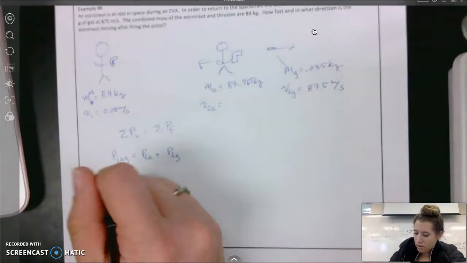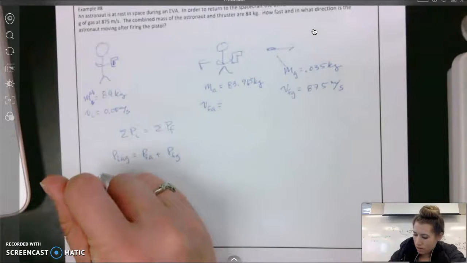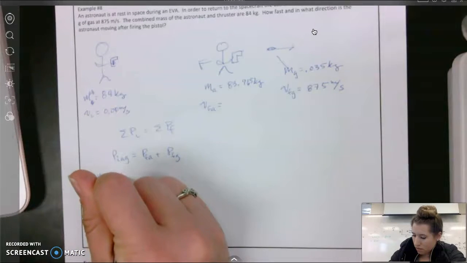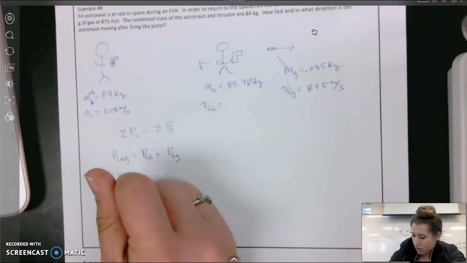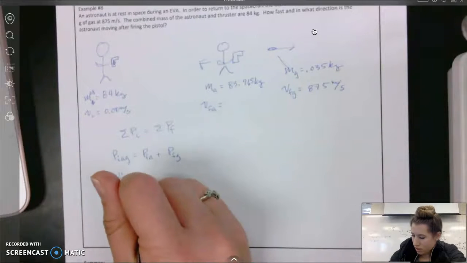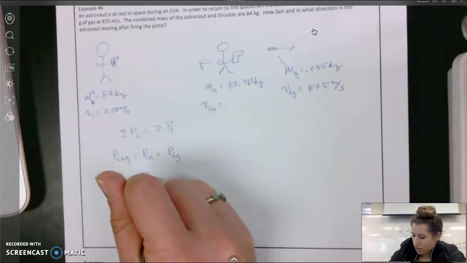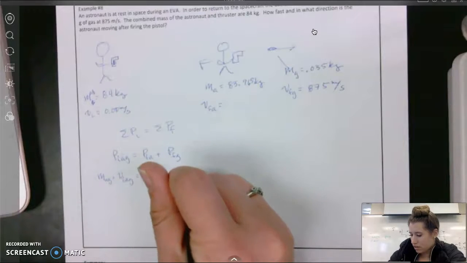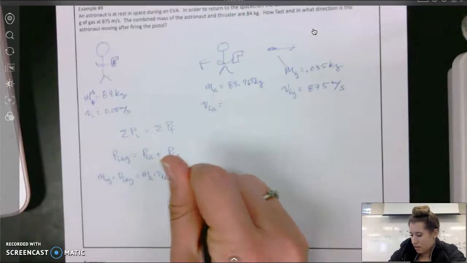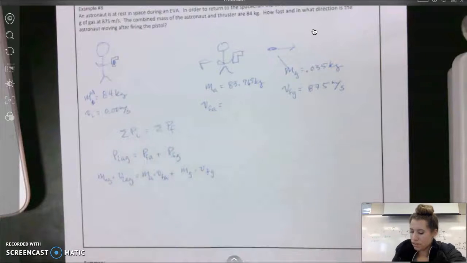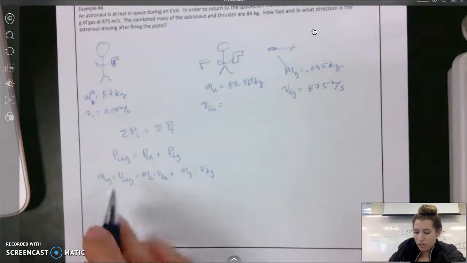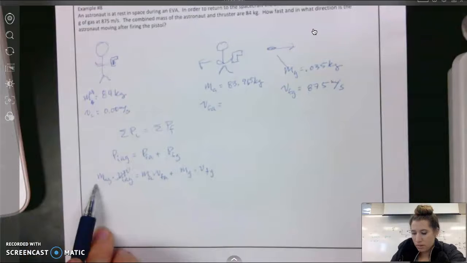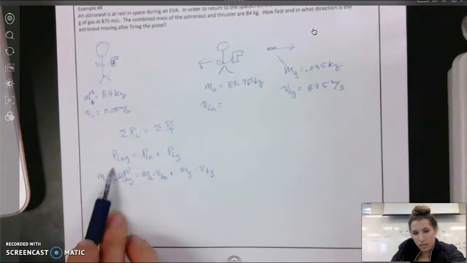And we know what momentums are. Momentum is mass times velocity. And that's going to equal mass of the astronaut times velocity final of the astronaut, and then mass of the gas, velocity final of the gas. This is equal to 0, right? These initial are not moving, and anything multiplied by 0 is 0, so that whole thing is 0.